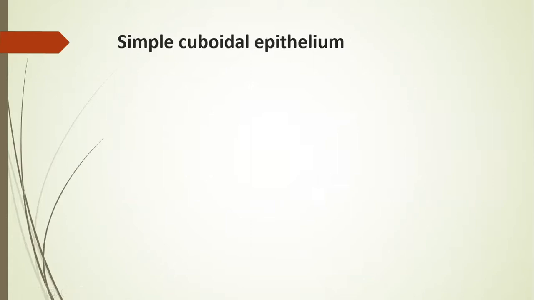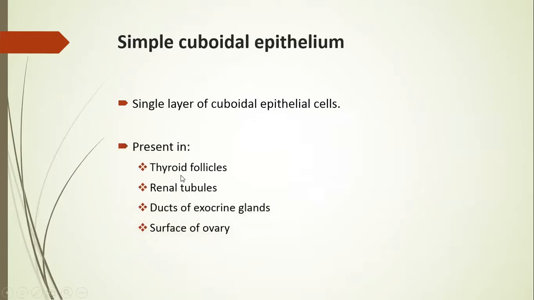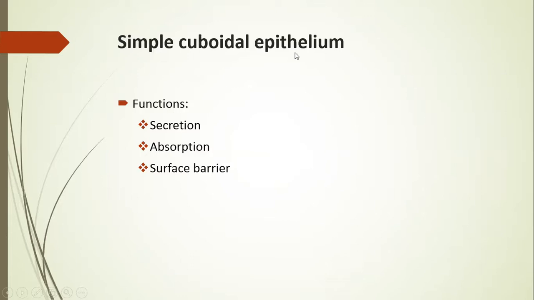Simple cuboidal epithelium, a single layer of cuboidal epithelial cells, is present in thyroid follicles, renal tubules, ducts of exocrine glands, and the surface of the ovary. The functions of the simple cuboidal epithelium are secretion, absorption, and surface barrier.